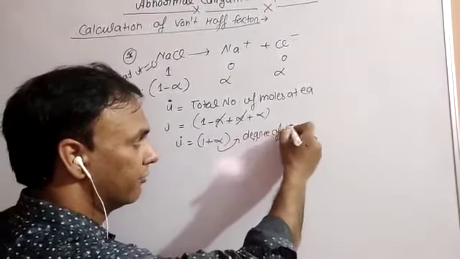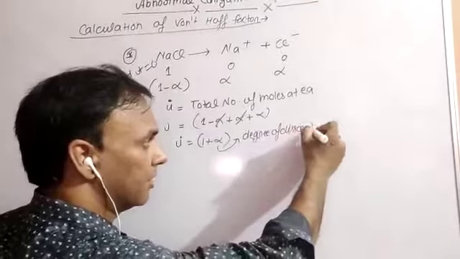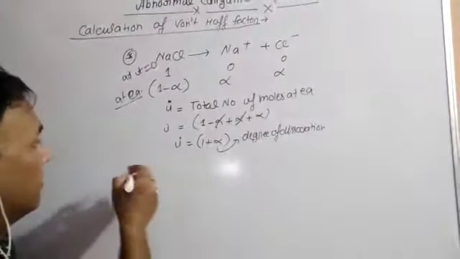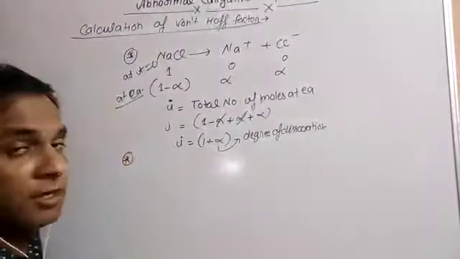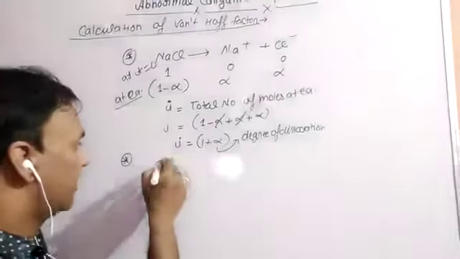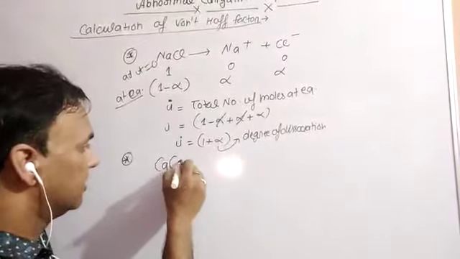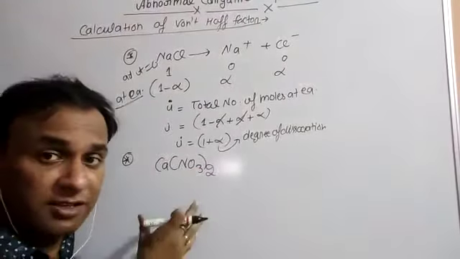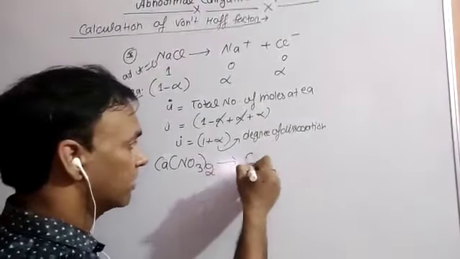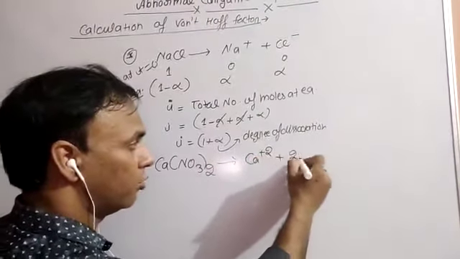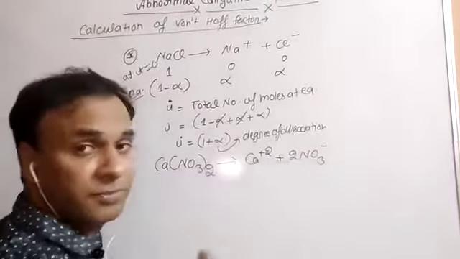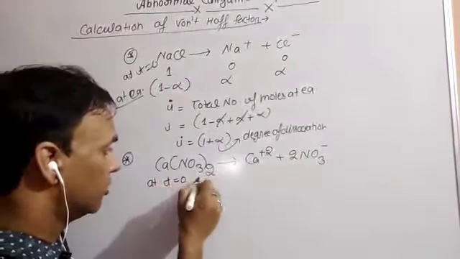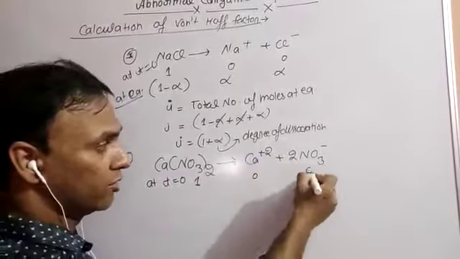Here i is the van't Hoff factor where alpha is the degree of dissociation. Clear? When we talk about another example like calcium nitrate, Ca(NO3)2, when it is dissolved in aqueous solution, it forms calcium ion and 2 moles of nitrate ion. Similarly, at t equals 0, 1 mole is taken, and 0, 0.